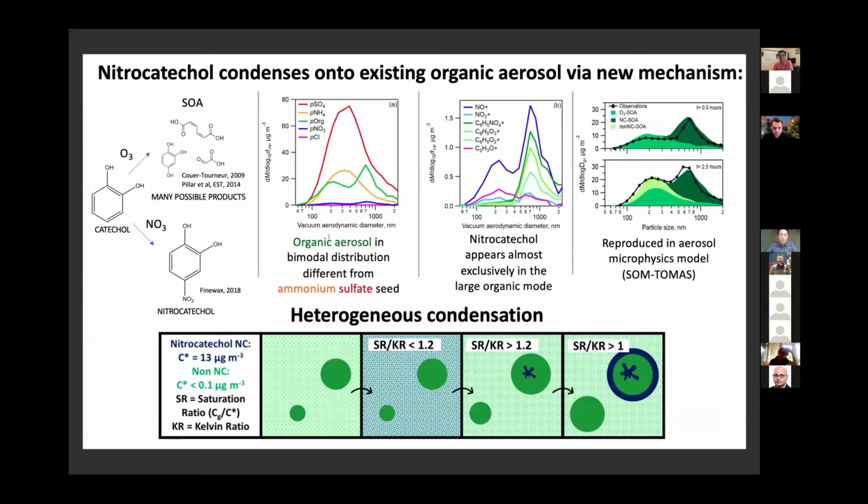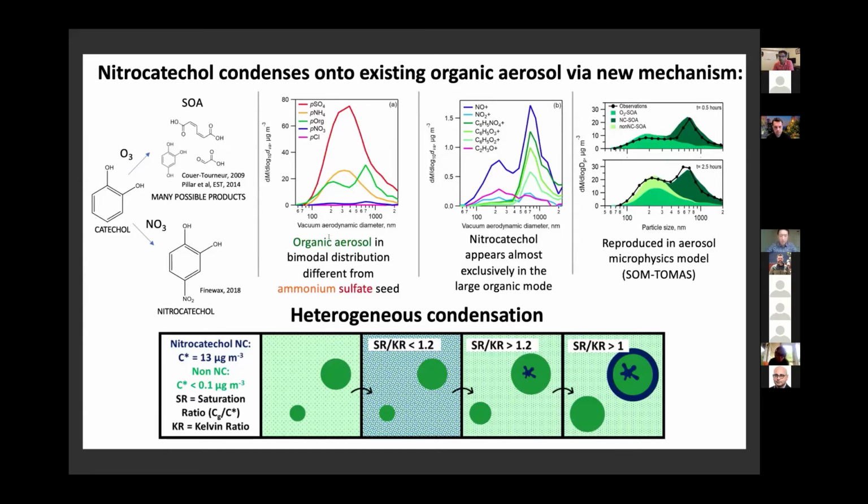So this is a really neat piece of work from my research scientist, Lauren Garofalo, and what we did in looking at biomass burning organic aerosol, in collaboration with Joel Thornton's group and folks at NCAR and the Moonlight Project, is we oxidized catechol with a couple of different oxidants, and we found this very curious behavior in which a second mode of aerosol would grow, and we would get this bimodal distribution with nitrocatechol sitting entirely in one larger mode.